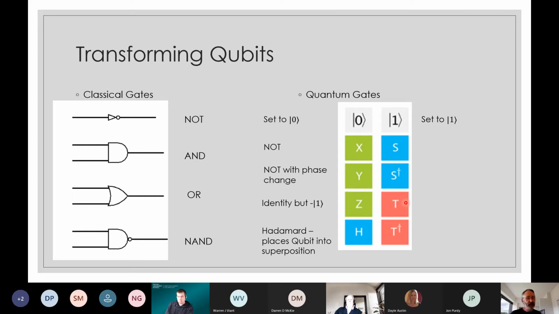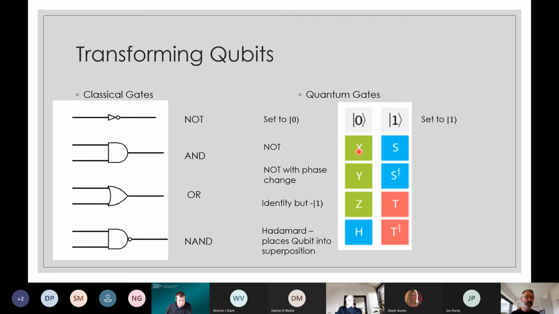We can do the equivalent with quantum gates. So we've got this idea that when we measure something, it will either have a state 0 or a state 1. Well, in our quantum circuit, if we're doing a universal quantum computer, we can set our electron to state 0, or we can set it to state 1, which is just like putting a voltage on a wire to be on or off.